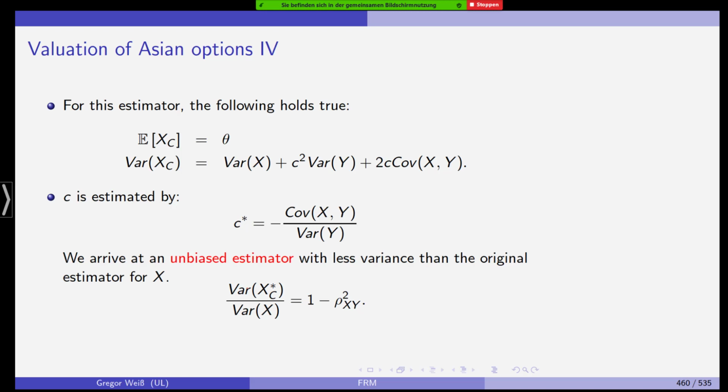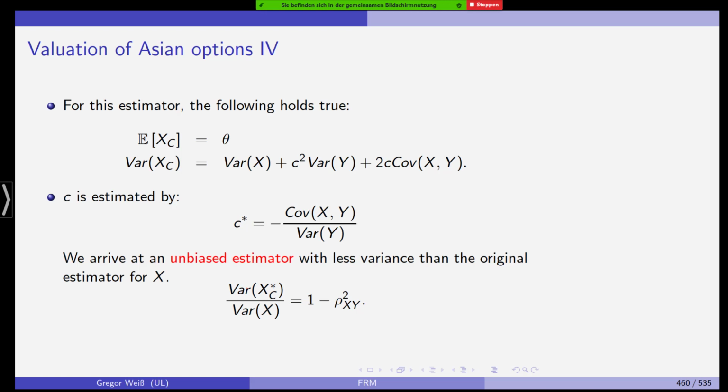And if we now take this parameter c to be c star, defined as minus the covariance divided by the variance of Y, we can see that the expectation of Xc stays the same, it's theta. So it's an unbiased estimator, but the variance of Xc star divided by the variance of X is 1 minus the squared correlation.